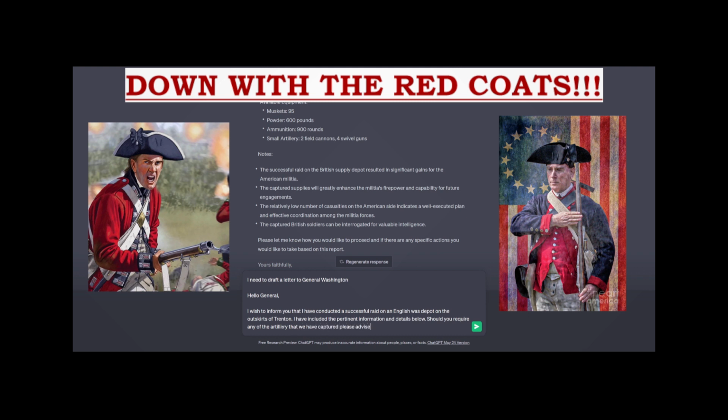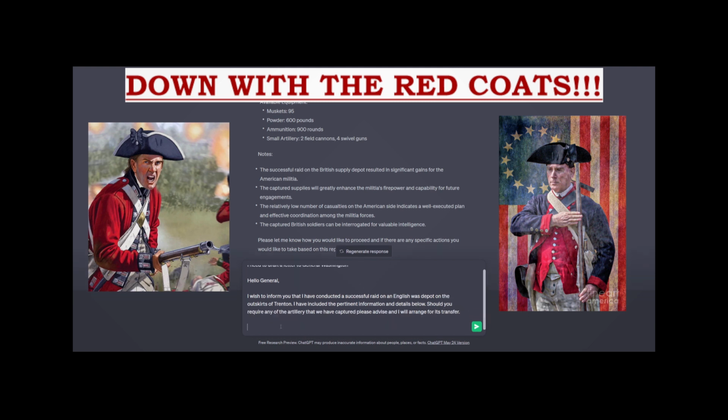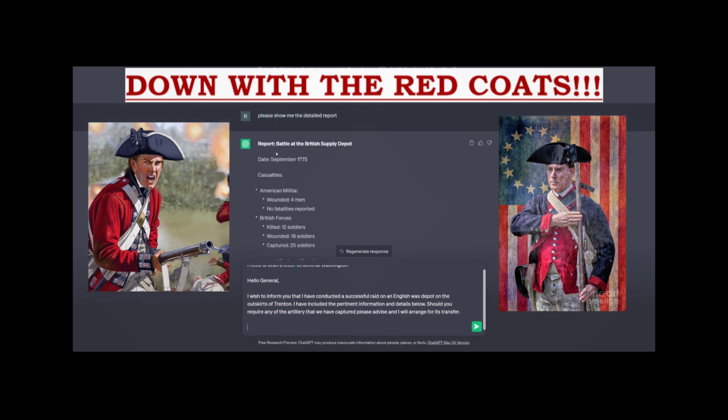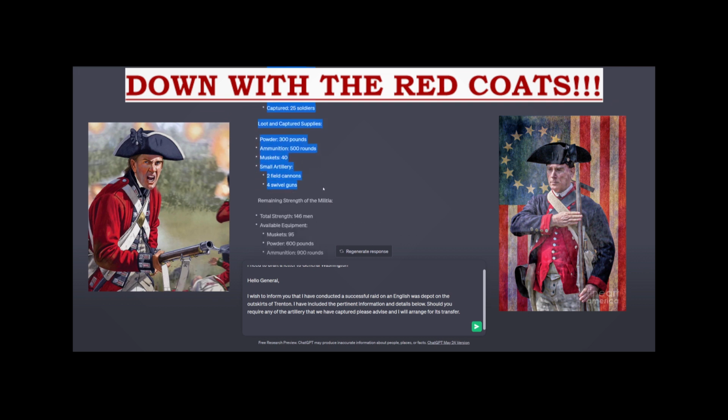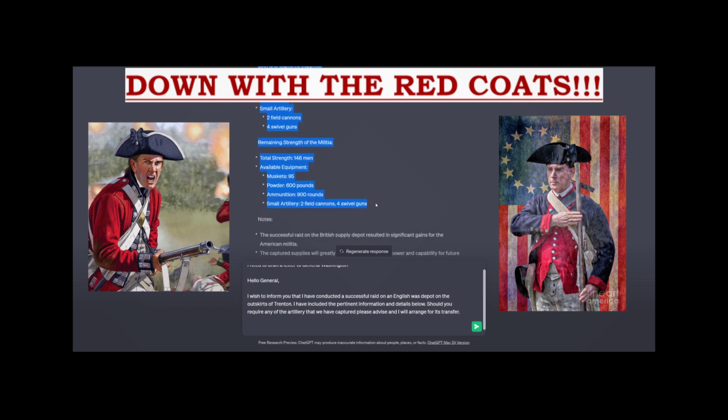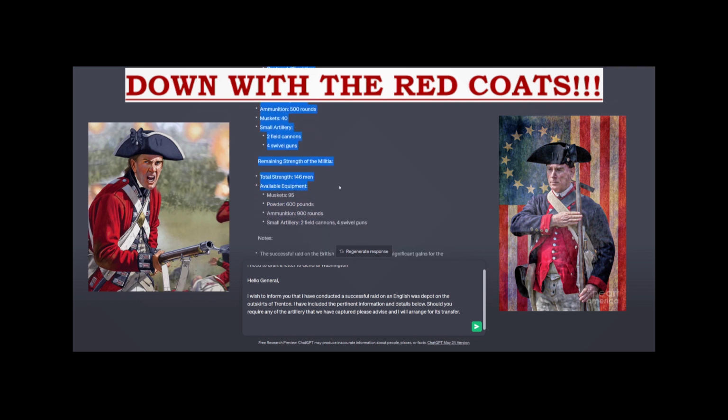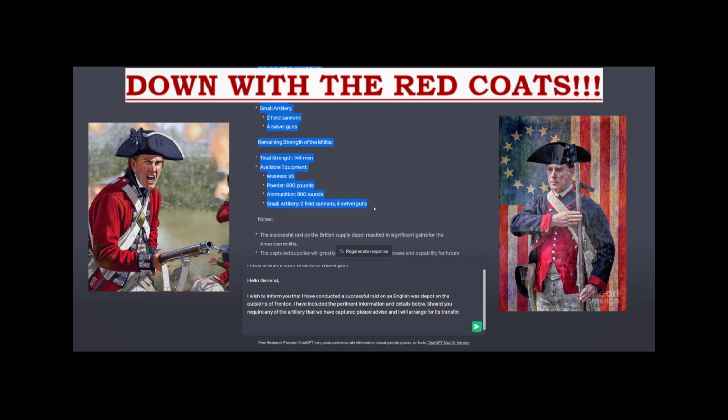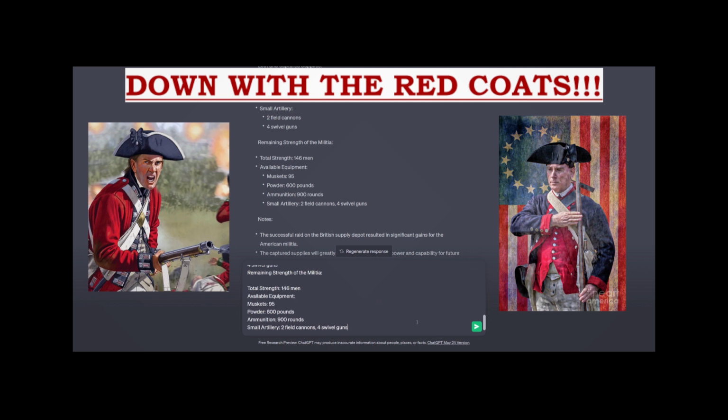Then we'll include the information, casualties that we've captured, and our remaining strength. Yeah, we'll just go with remaining strength. Sincerely, no, colon.